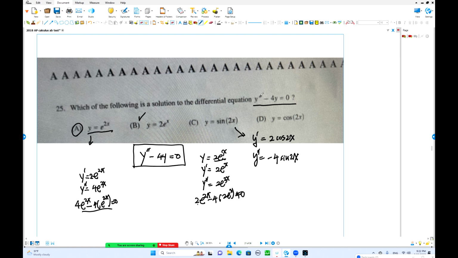Okay, put this number in there. Negative 4 sine 2x minus 4 times y equals how much? Negative 8 sine 2x. That is not equal to 0, okay? That's not a solution. Only this one is working, okay? So I'm not going to do this one, okay? That's not working. Do it this way, okay?